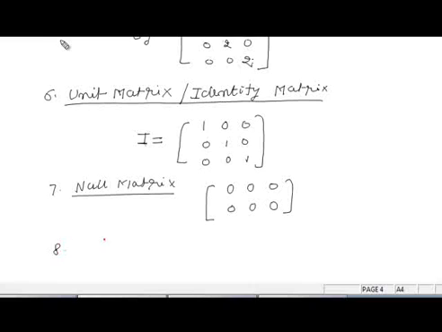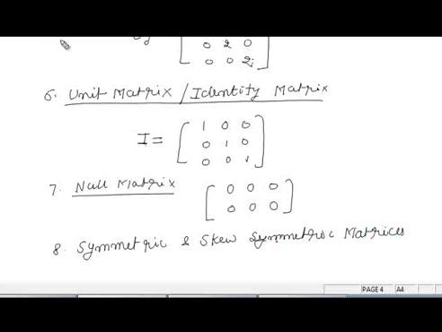The next type of matrix is the symmetric and the skew symmetric matrix. So in the symmetric matrix, Aij is equal to Aji.